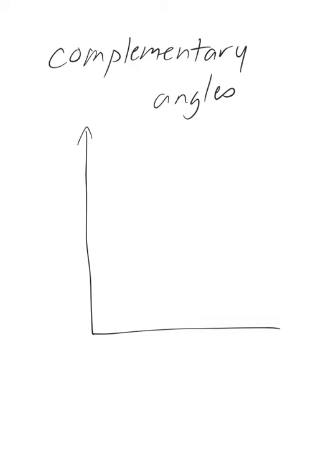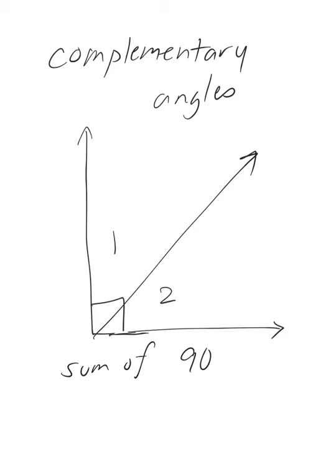Complementary angles. Does anybody know what that symbol stands for? That I just drew in the corner? Square. What does it stand for? 90 degrees. So it's two angles that have a sum of 90 degrees.